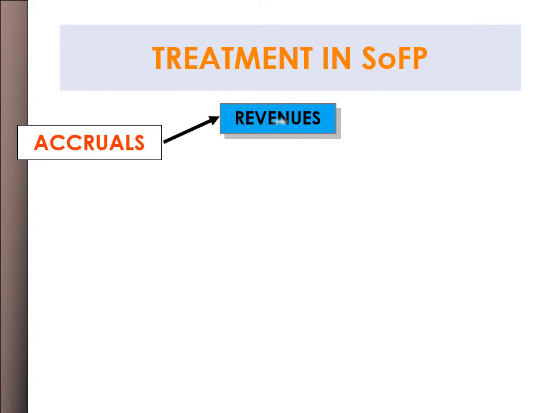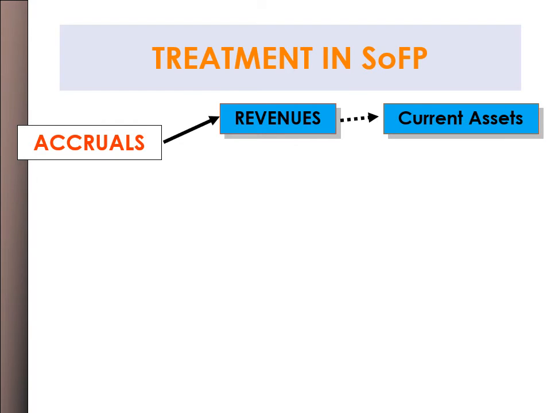So the treatment in the statement of financial position: any accrued expenses and revenue would be treated as either a current asset or a current liability.